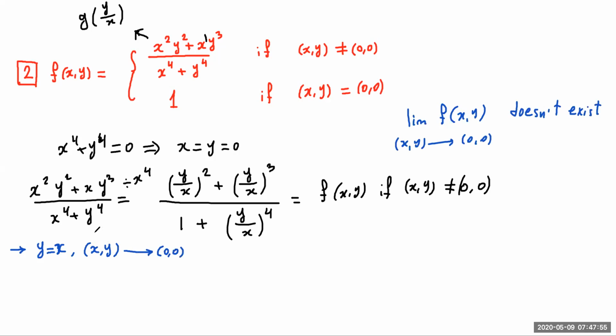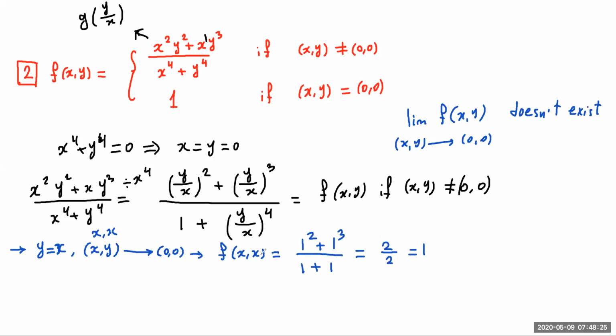So now instead of taking (x, y), I will take (x, x) because y equals x. So let's go back to my function here. What is f(x, x)? I will put 1 instead of y over x, so it will be (1 squared plus 1 cubed) over (1 plus 1). So the answer is 2 over 2, so it's 1.